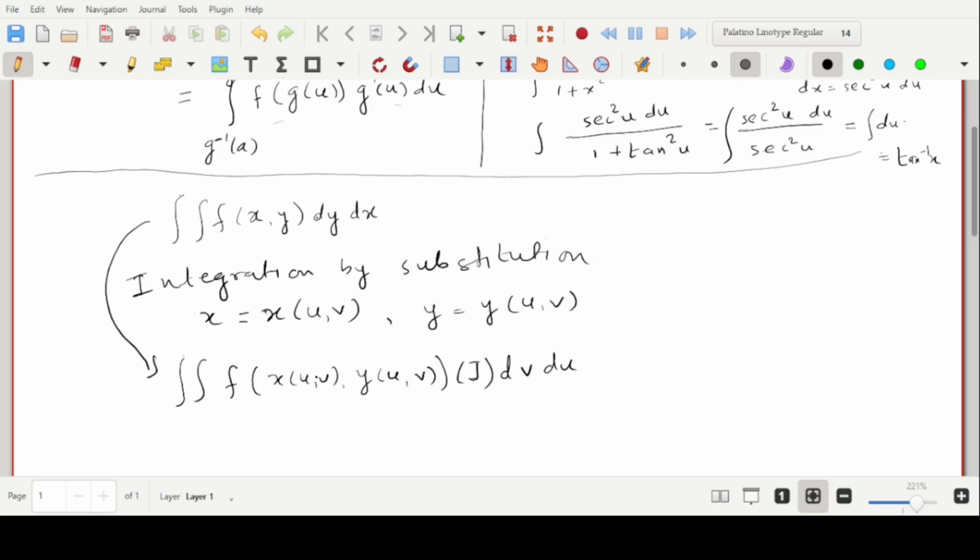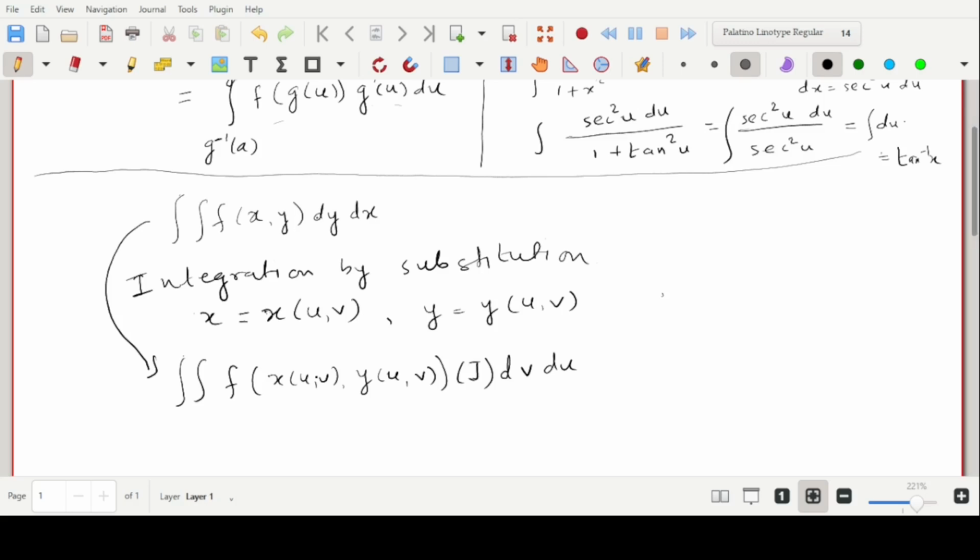So we shall have to see between which numbers u and v are varying, as x and y are varying between their given limits. That is something we shall see later, but let us see what the Jacobian is, that we must multiply this function by before we can actually compute this double integral.